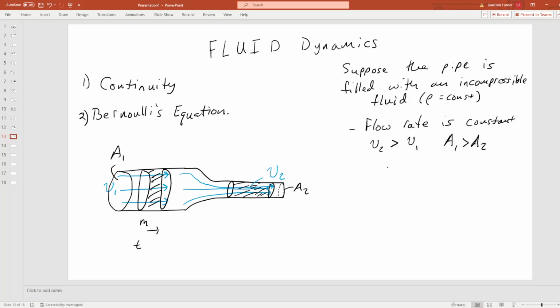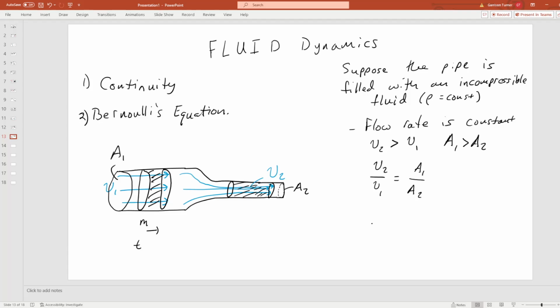V2 over V1 must be the same as A1 to A2.